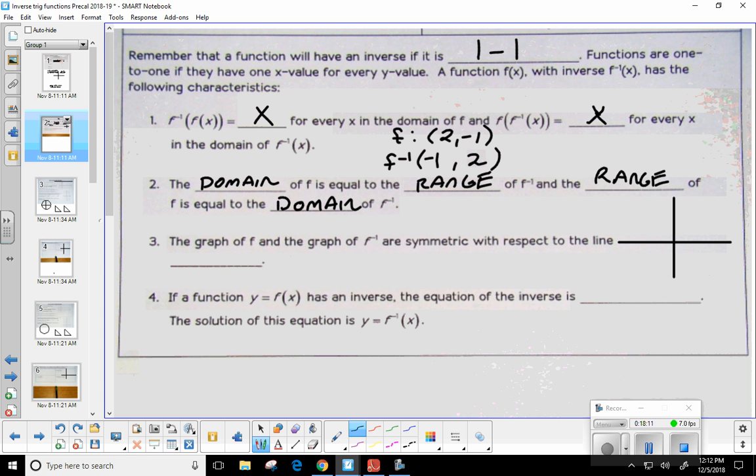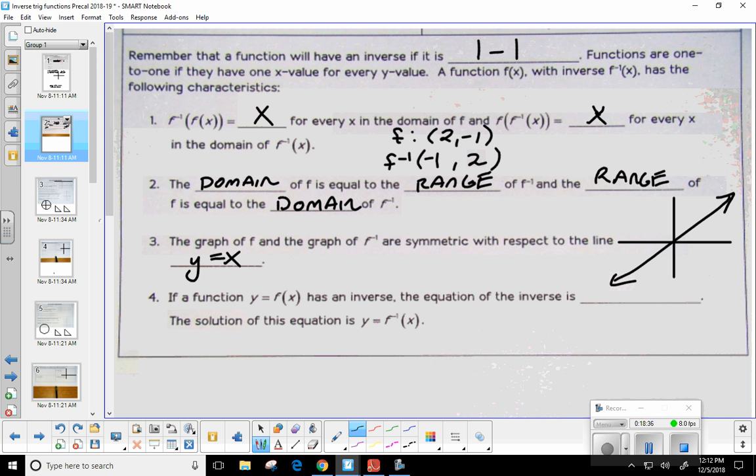The graph of f and the graph of f inverse are symmetric with respect to the line y equals x. Remember, the linear parent, that was the line that you would reflect something across in order to see the inverse graphically. In fact, it's been a while, but you remember when I showed you that little trick where you take the top left corner and fold it down to the bottom right?